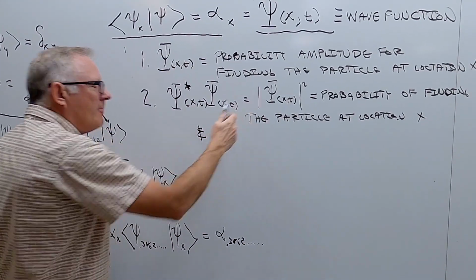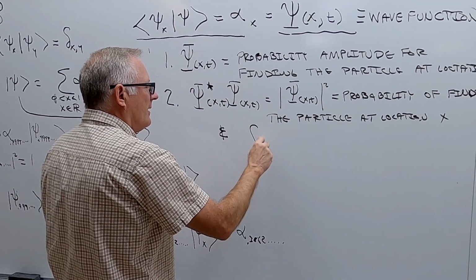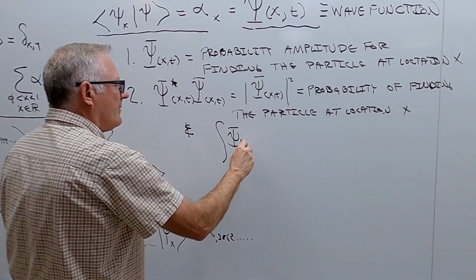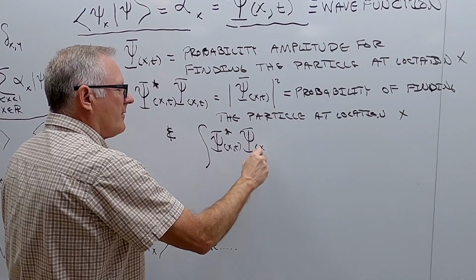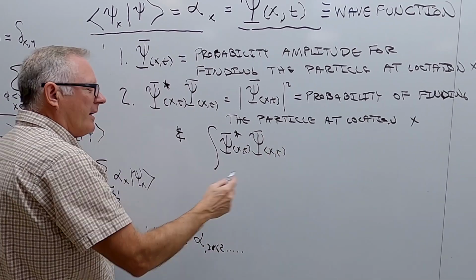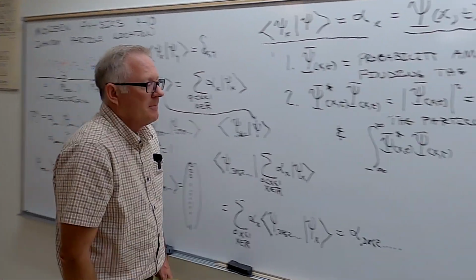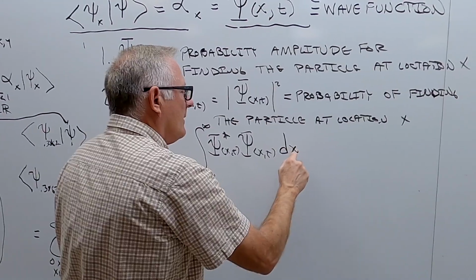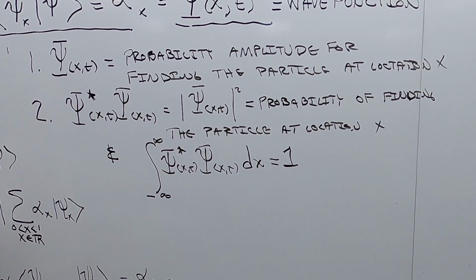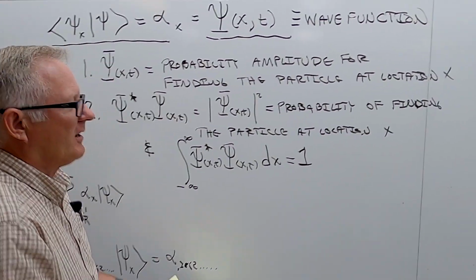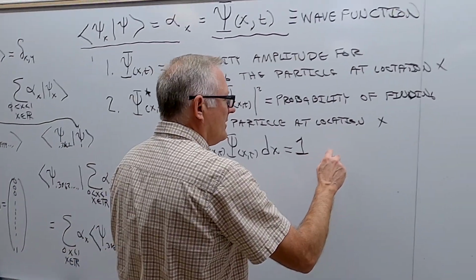If I sum this thing up, remember this is an infinite sum, so it's an integral. The integral of psi star of x and t times psi of x and t at a particular time, integrating everywhere, I'll just say minus infinity to infinity, but for this case it would just be from 0 to 1, dx should always equal 1. That's going to be my normalization. So we have to normalize these wave functions, just like we had to have normalized states before.